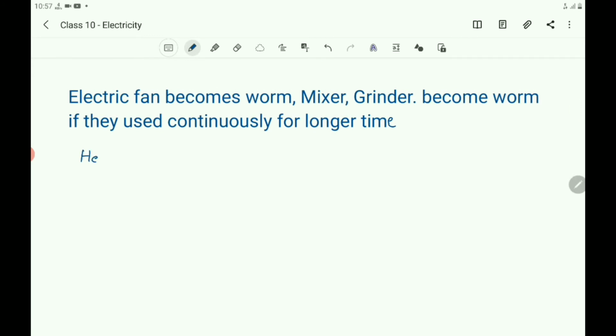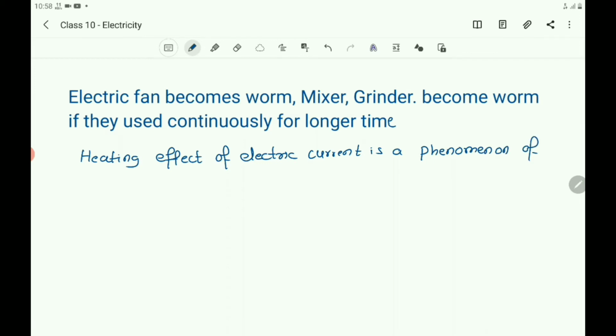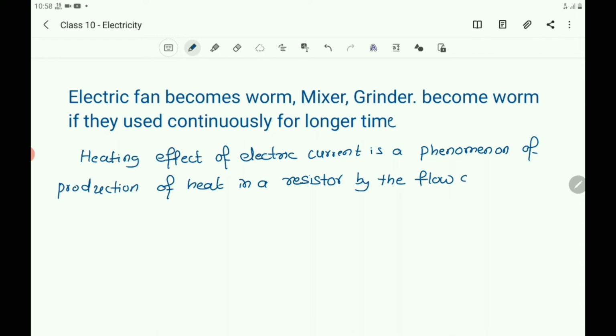Heating effect of electric current is a phenomenon of production of heat in a resistor by the flow of an electric current through it.